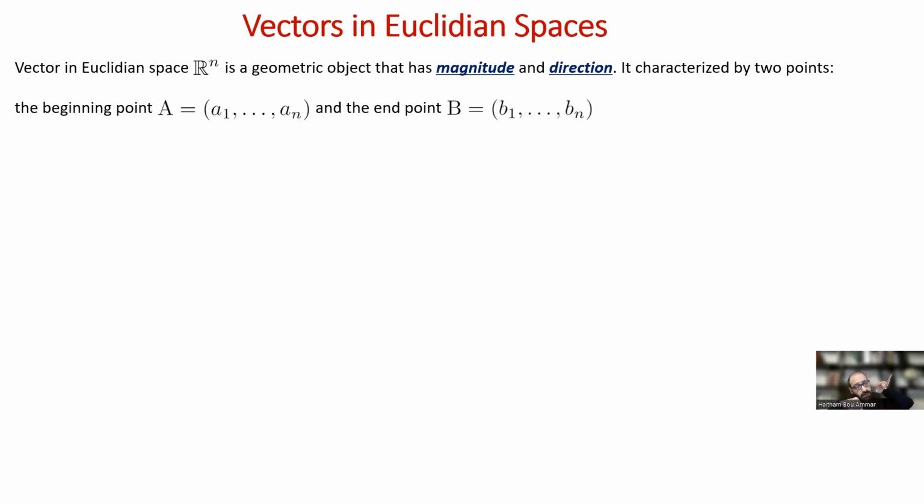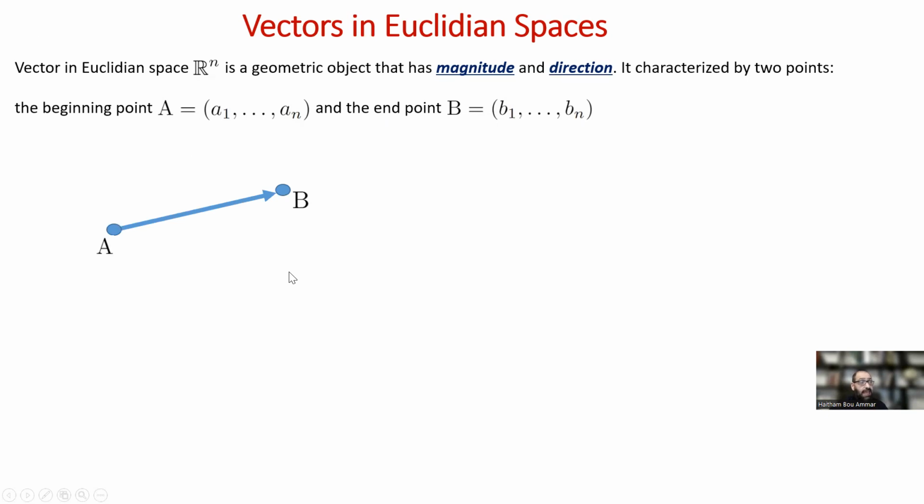The vector will have a beginning point A and an end point B, where A, because it's in a Euclidean space, is described, if we are in Rn, by n coordinate values, and the point B as well by n coordinate values.